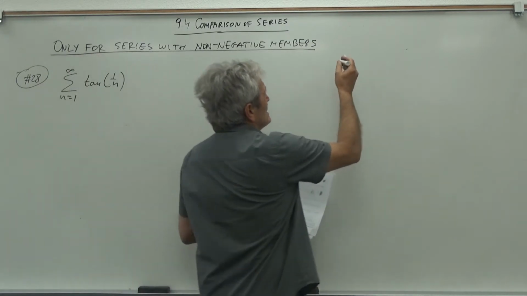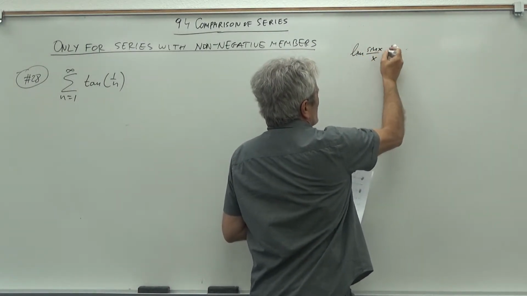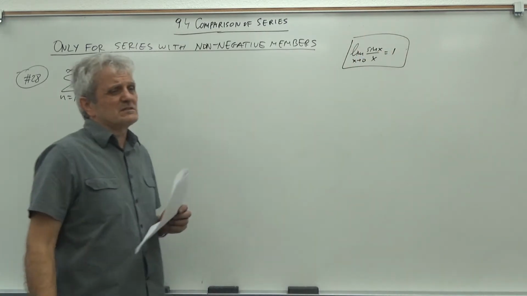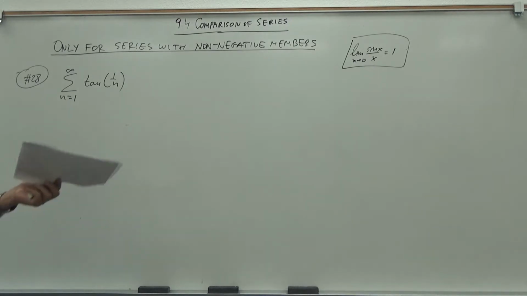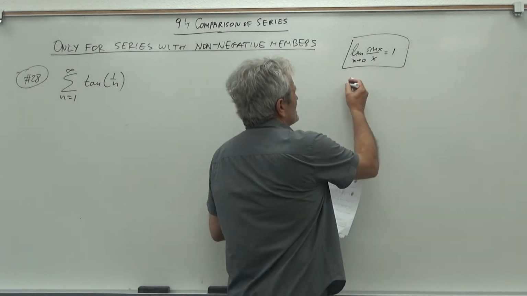We know the famous limit that sine x over x is 1 when x approaches 0. That's one of the most famous limits, and we just memorize it. It's easy to get using L'Hopital's rule because it's 0 over 0. So what about tan x over x? The same thing.